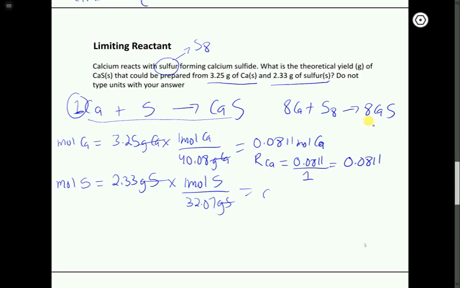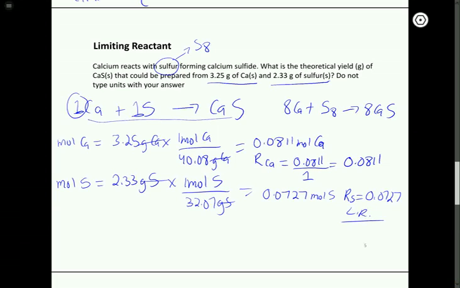And that gives us 0.727 moles of sulfur. And the stoichiometric ratio is just that number divided by the coefficient, which again is 1 in this balanced reaction. Okay, so because sulfur has the smaller stoichiometric ratio, this R value here is smaller for sulfur than it is for calcium, this is going to be our limiting reactant.